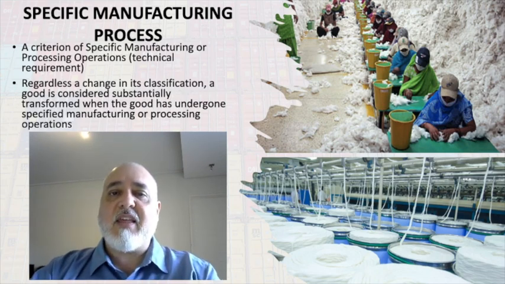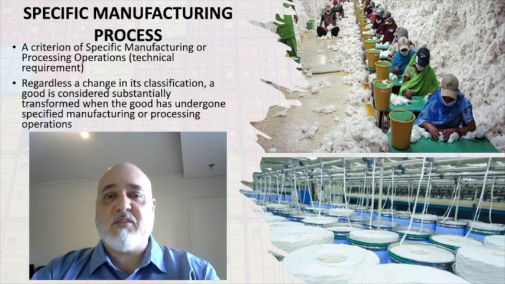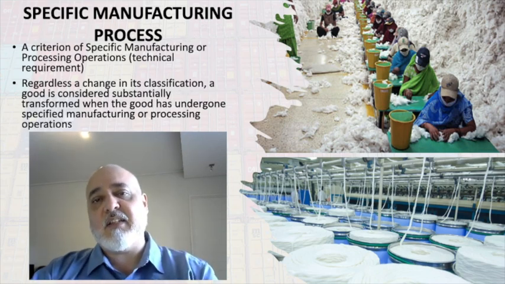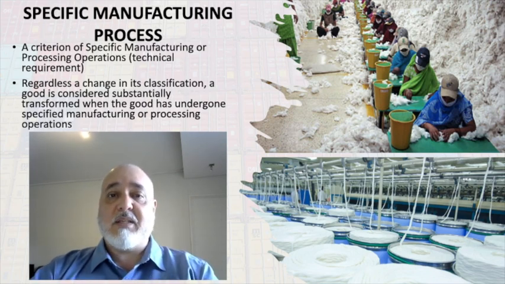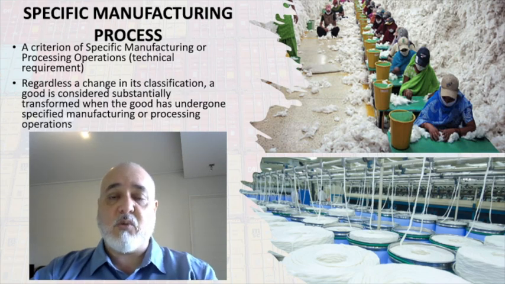For example, let's say that you import steel into a country and you want to transform it into a product that is considered originating in that country. The specific manufacturing or processing operation criterion may require you to perform specific operations on the steel, such as cutting, welding, or bending to transform it into a product that meets the originating requirements.